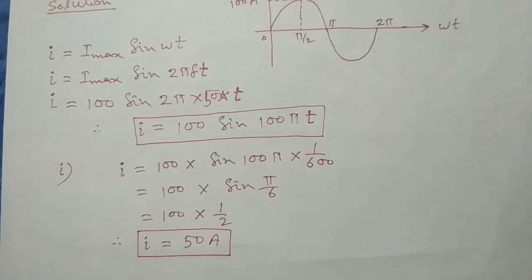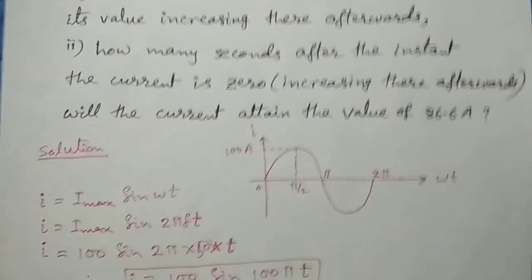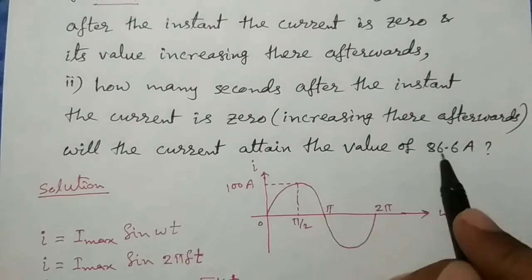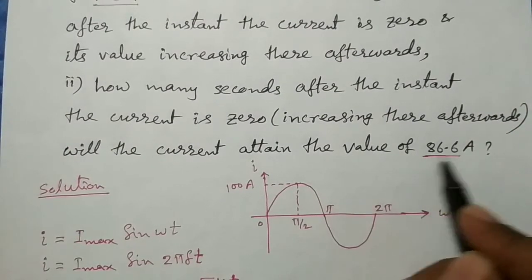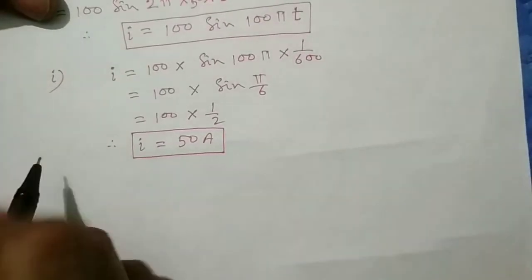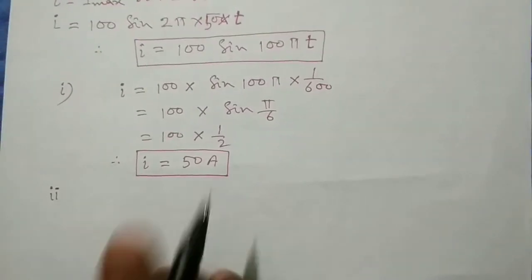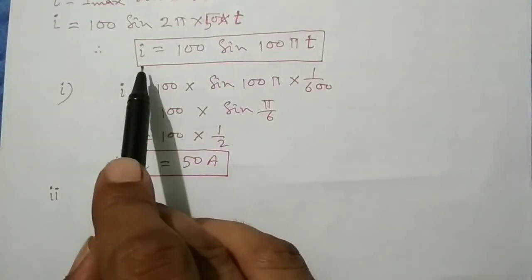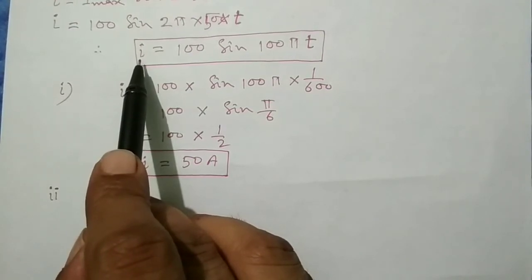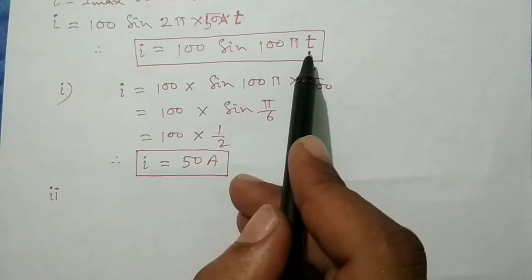Now in the next part, you have to calculate how much time it will take to reach 86.6 ampere current for the first time. That means from the same expression, the instantaneous current will be 86.6 ampere and we have to calculate the corresponding time.